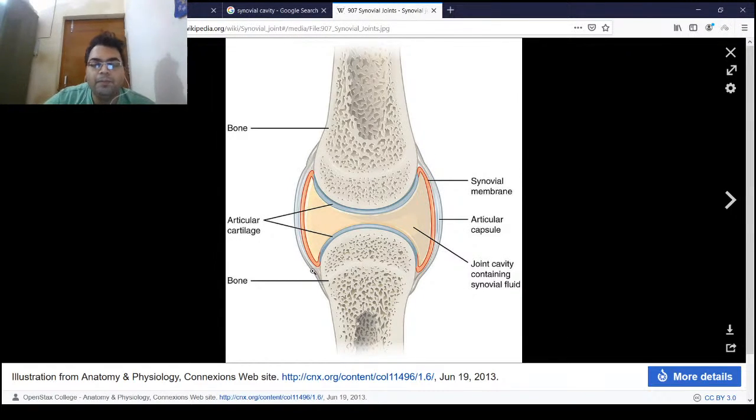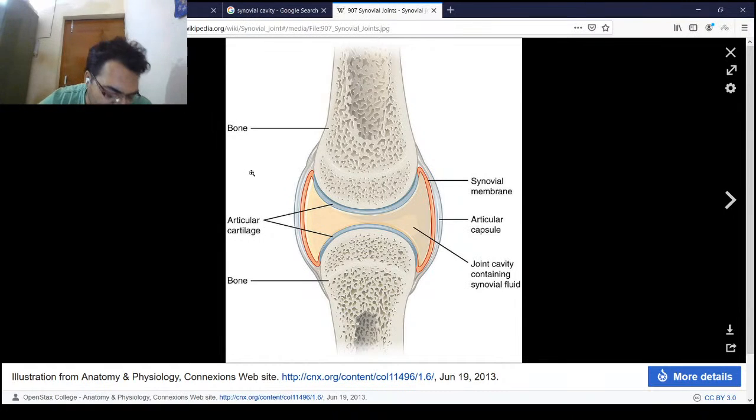That is the problem that we face when we get old. So if you have this synovial cavity and the synovial fluid is being produced properly, then your joints will be completely fine and you will not have any kind of problem or ache in the synovial joints.